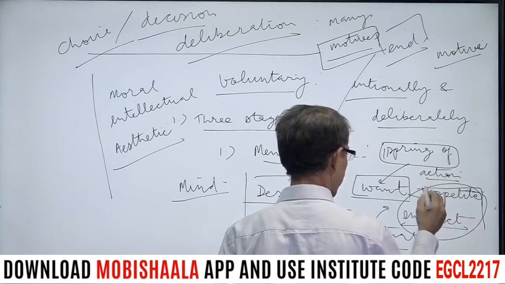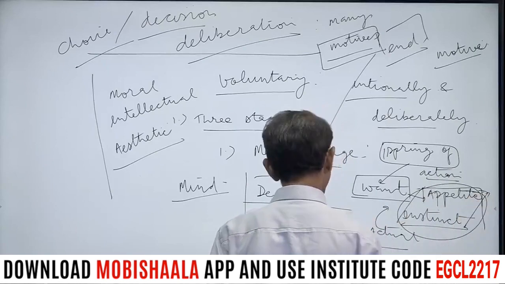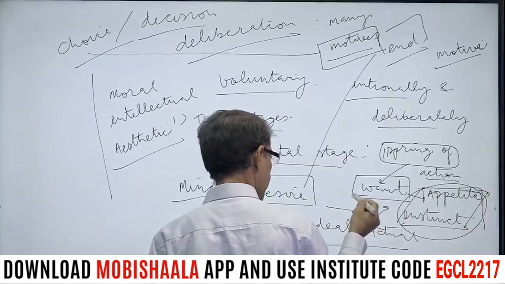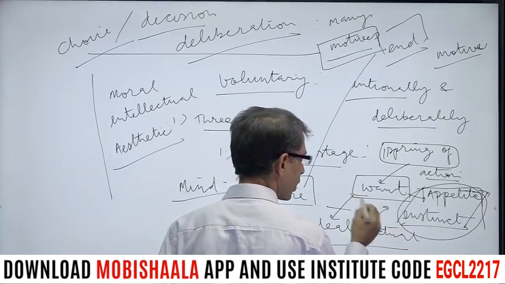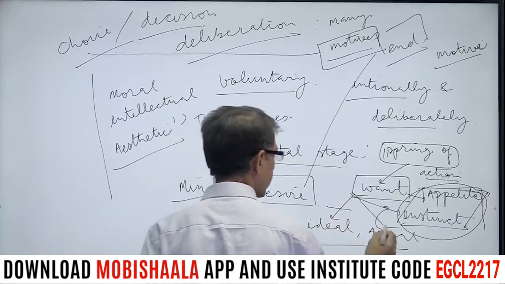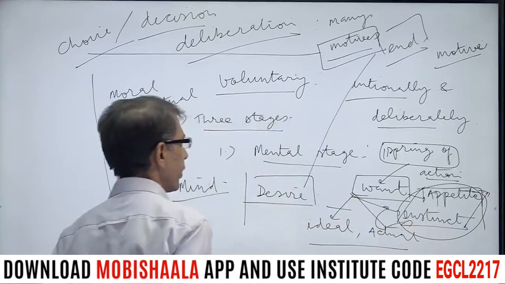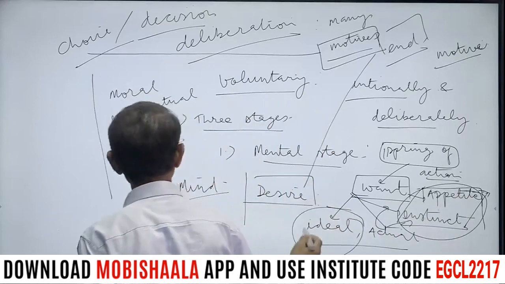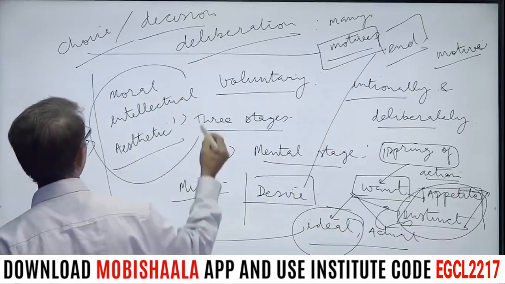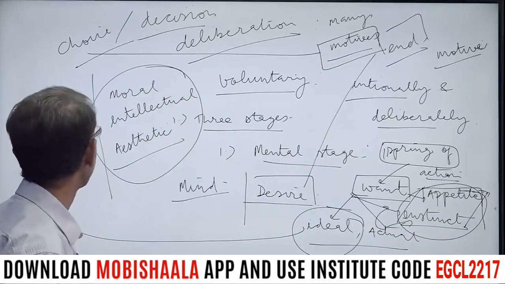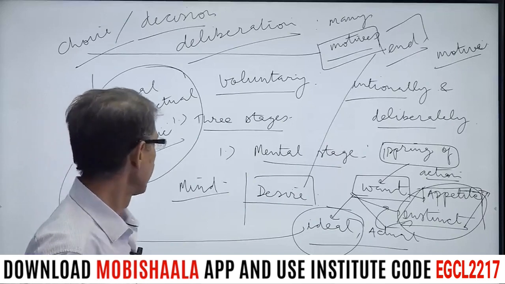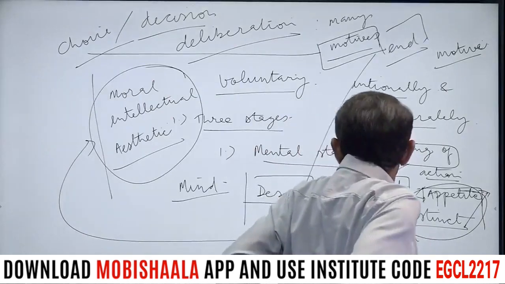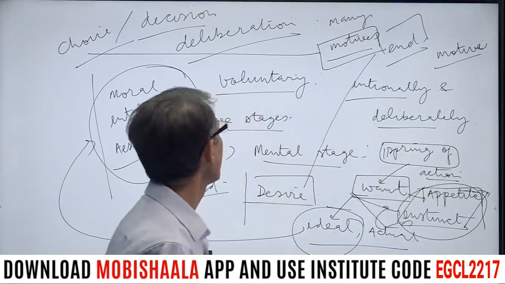Either it is ideal or it is actual. If it is actual, then it comes from the appetites and instincts, and if it is ideal, then it comes from moral and intellectual. It can be moral, intellectual or aesthetic. So this one is converted into desire, and this is the explanation of desire. And then desire has a motive.